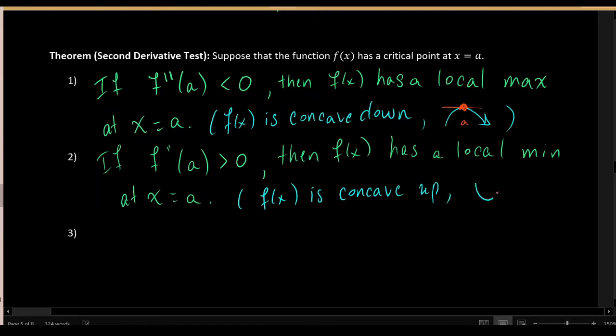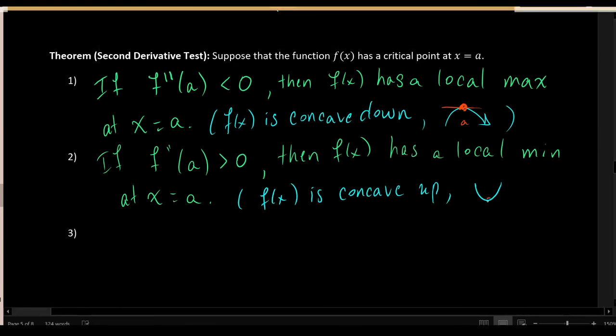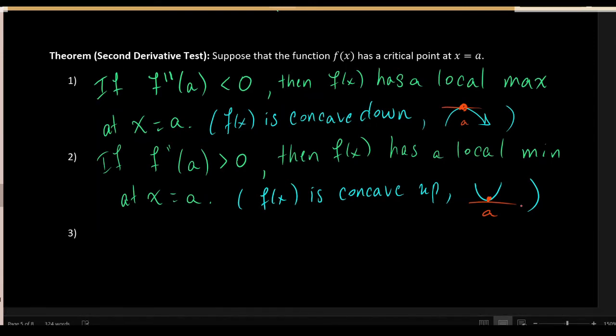And so it's going to look a lot like this right side up bowl, like a right side up parabola. And the critical point in that case is going to be at the bottom of the bowl, and therefore is going to represent a local minimum. So I generally try and remember this picture. F double prime positive means function is concave up, means the point is a local minimum.